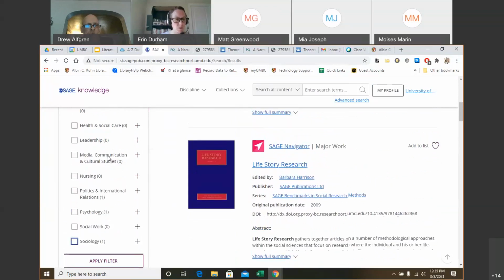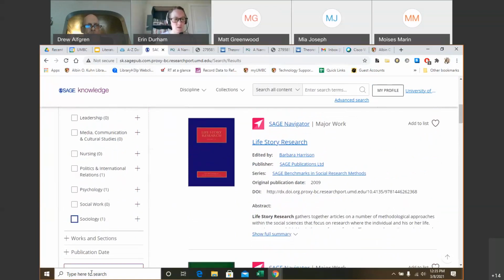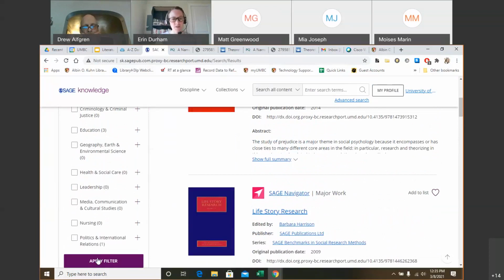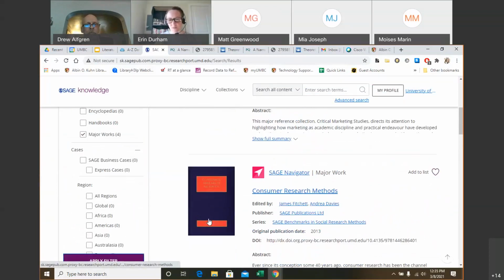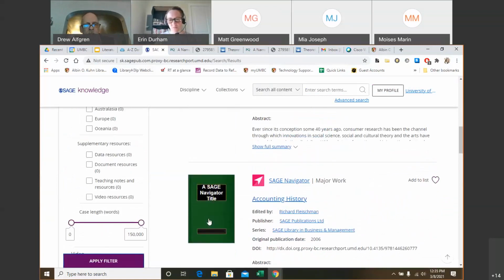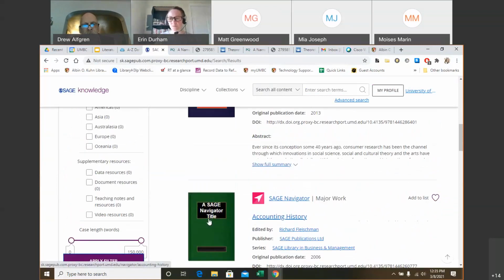What else would you do? Maybe leadership. So let's apply the filter. These are the sources coming out from business. But it's not only that. These titles are going to point you to other titles too, because if these are major works, they're going to be cited by others. So you can look at both the bibliographies of these works and at people who have cited these works. So it's a long chain.